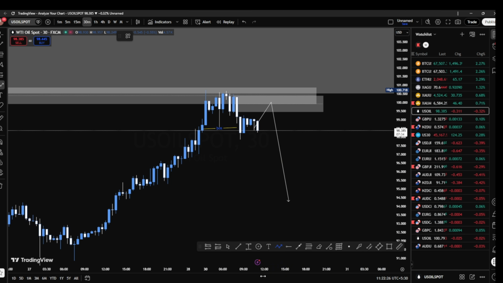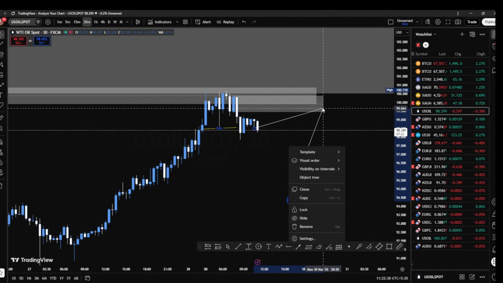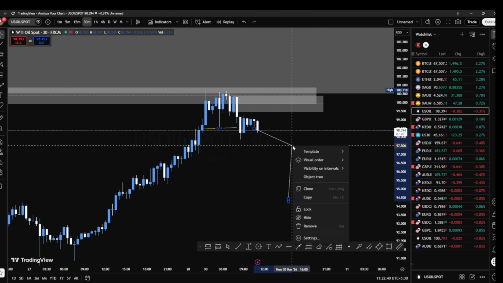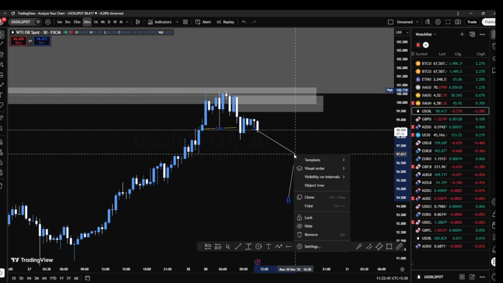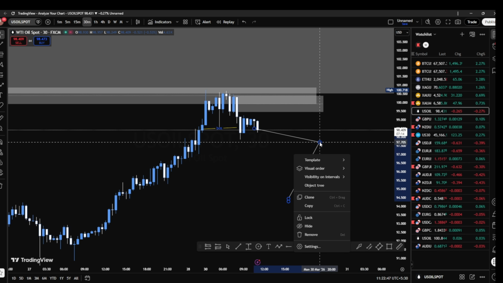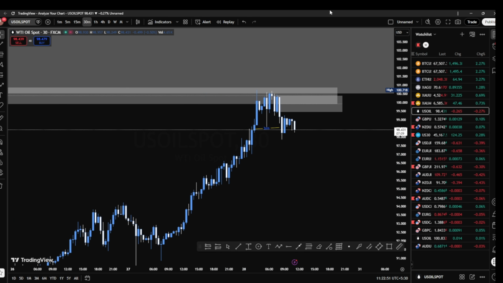And if it doesn't, if it just goes directly upside and doesn't respect the zone, then I'm going to wait here, and after a break of structure on the downside or whatever happens, according to the market, I'm going to put my trades. So this is for US oil.